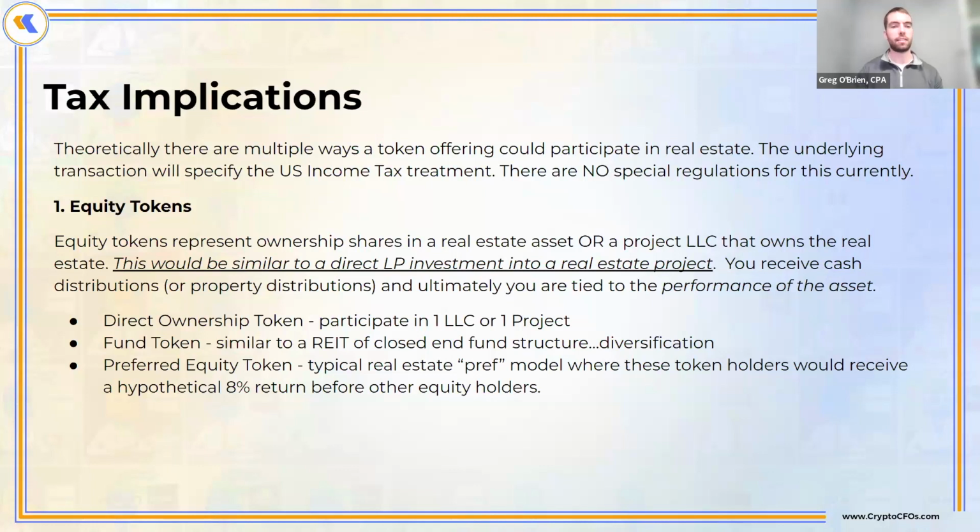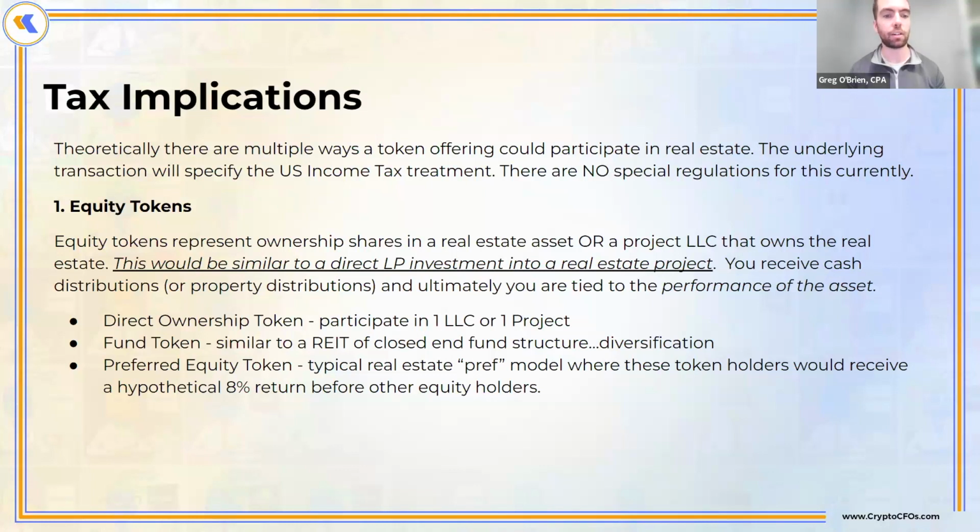Think of this as similar to a direct limited partner investment into a real estate project. Over time you're going to receive cash distributions, and ultimately the token is tied to the performance of the asset or assets.